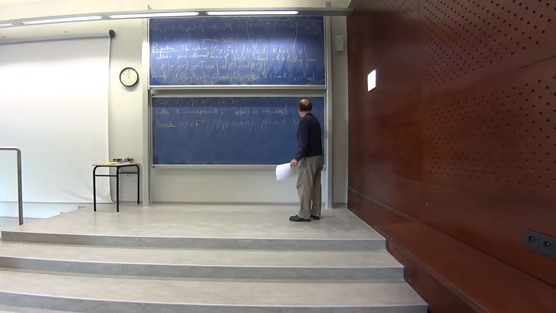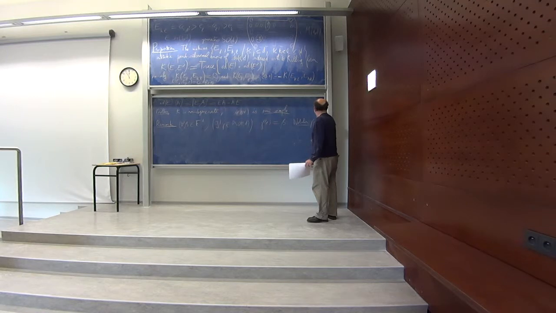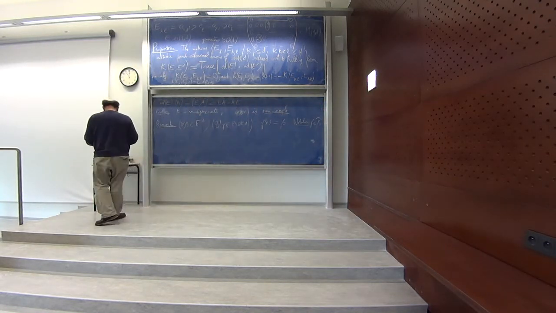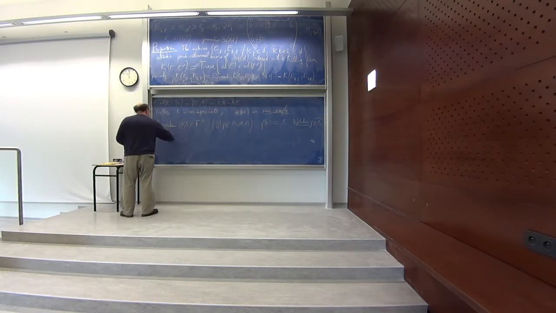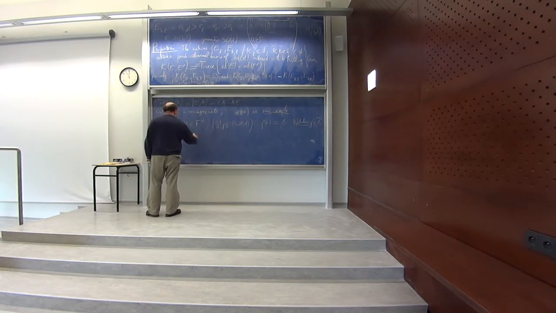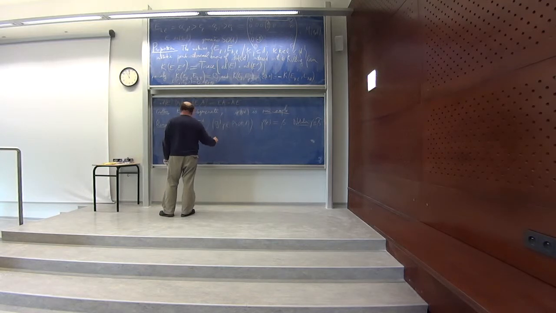Notation: beta tilde. Hence, I have beta tilde of e_J, which is beta_J for any J.